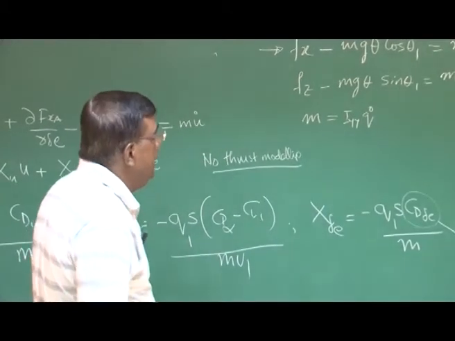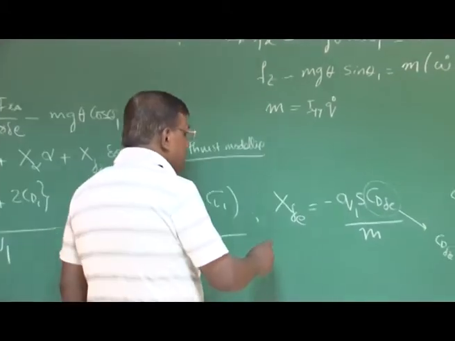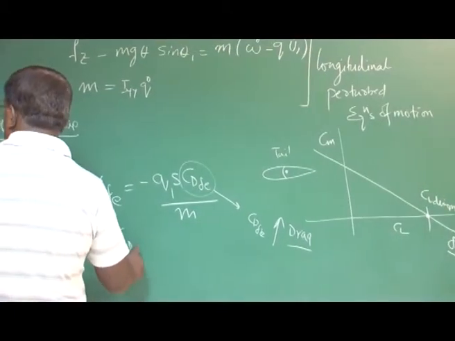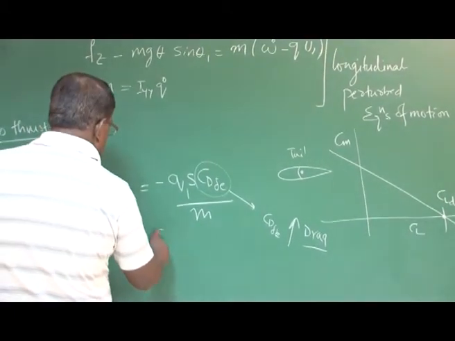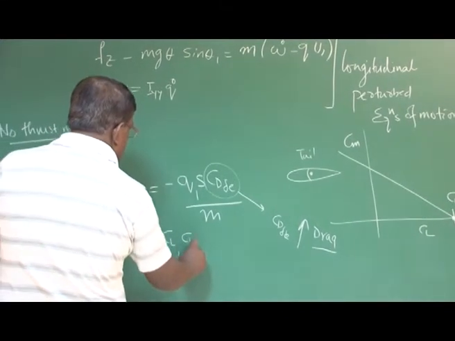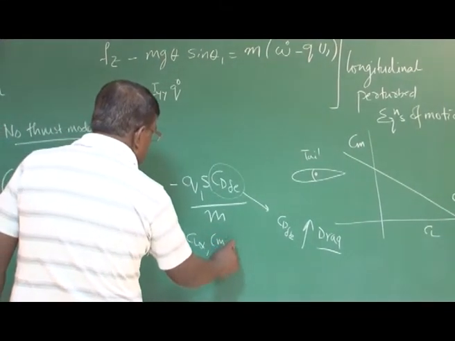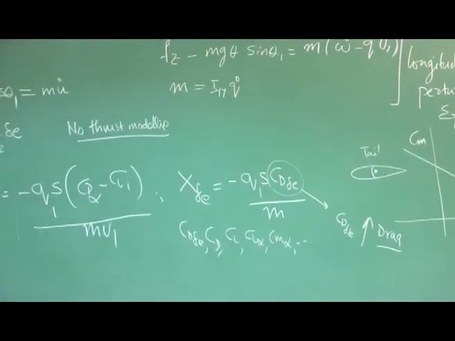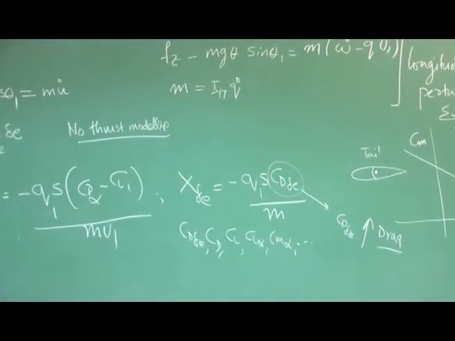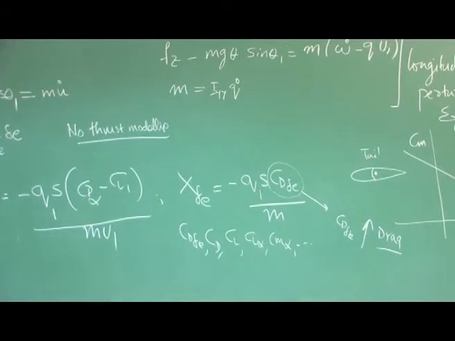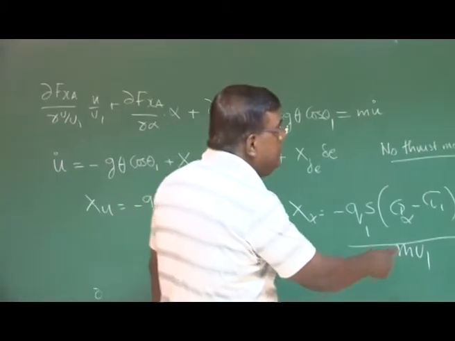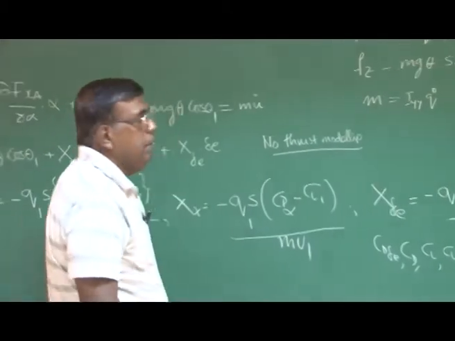Another important thing you should understand: CD delta E, CD and CL, then you will find CL alpha, CM alpha, etc. These are non-dimensional derivatives. They don't have any dimension. But if you see Xu, X alpha, X delta E, they all have dimensions.